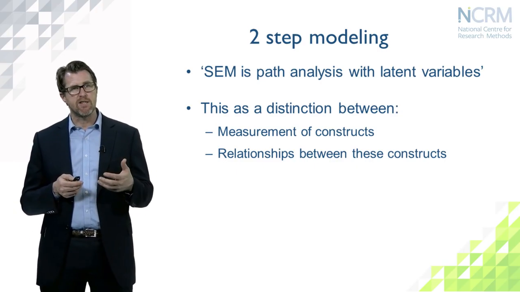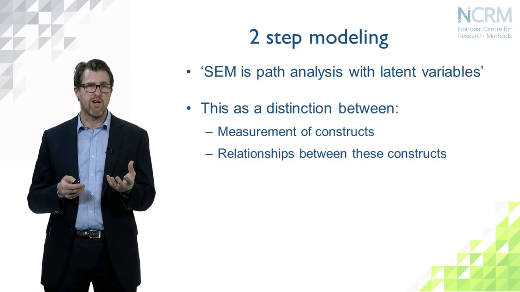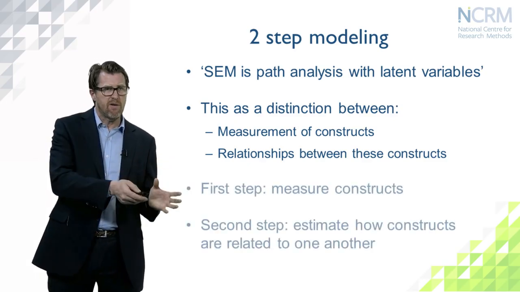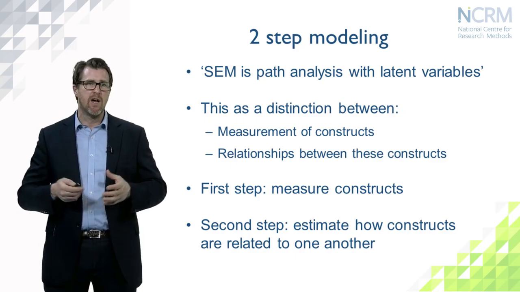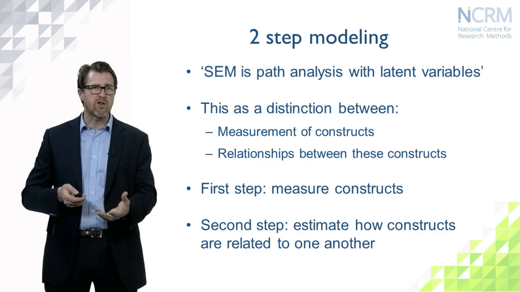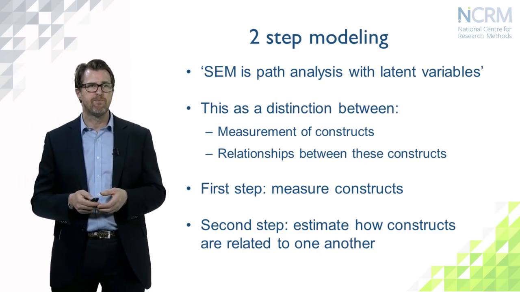And then the second part is looking at the relationships between those measured constructs. So there's an emphasis firstly on measurement and measurement accuracy and adequacy, and then secondly moving on to look at the structural relationships between the constructs that we've measured.